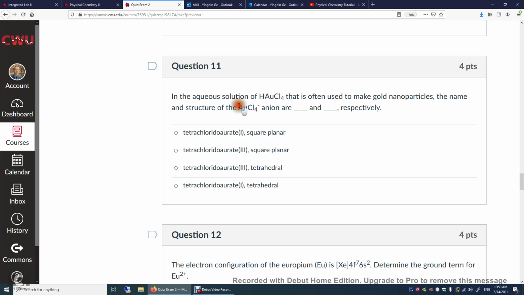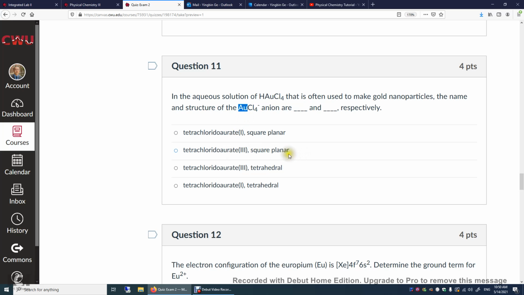Question 11. Okay, in this case, we're going to name this anionic transition metal complex and determine its structure. It's a little tricky because very often when we see four ligands, we say tetrahedral, but in this case, this is gold 3+. And if you look at your periodic table, gold 3+ has 8 d electrons. All right, so when you have a 4d or 5d transition metal center with 8 d electrons, no-brainer, it's square planar.